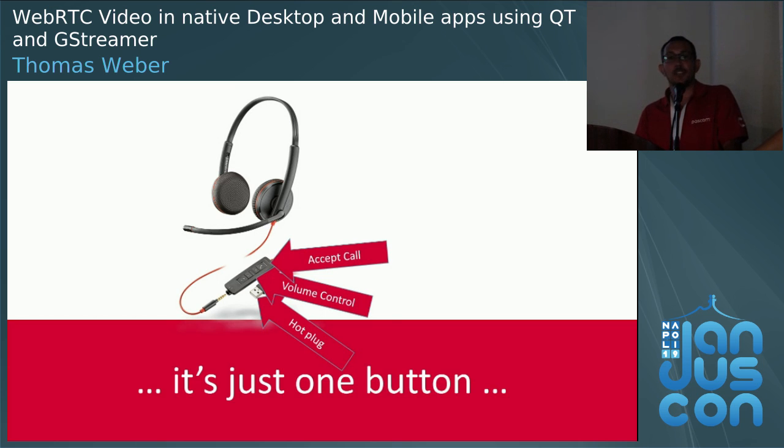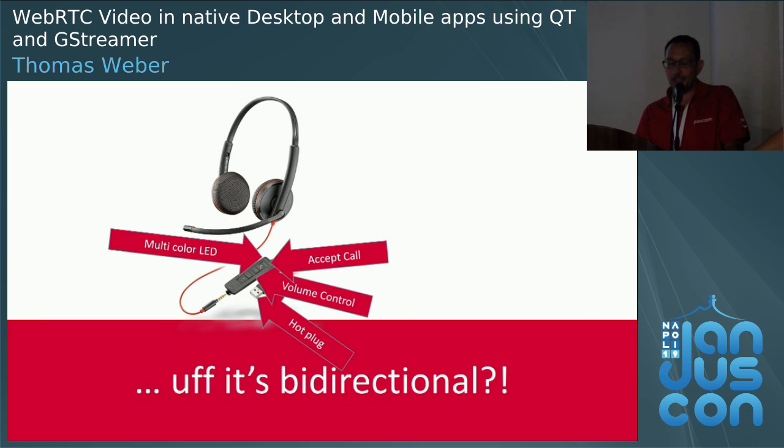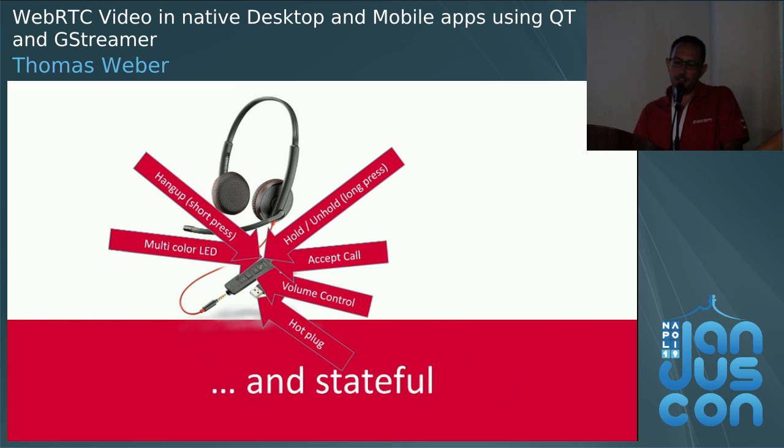But then there is a button here. The customer expects to press it to accept the call. It's just one button. Cannot be that hard, right? But actually there is an LED on it, and now you need to signal the call state into the headset. It can blink, it can have one color or another color. And then if you're in the call, this single button gets a different meaning.